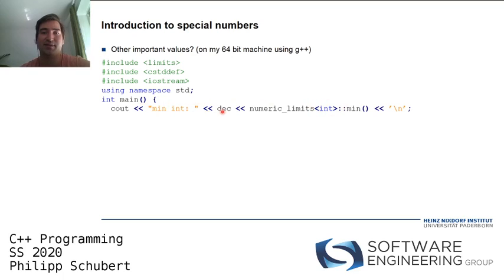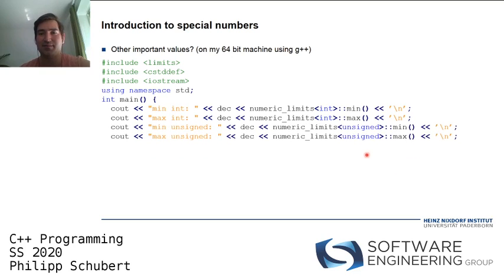By putting the special dec symbol into the cout output stream, you tell the output stream to print whatever follows in decimal. Just to show you that you can also use other encodings, you can also have the hex symbol to get the resulting value in hexadecimal. Sometimes that's quite helpful. You can, of course, also ask for the maximum value that you can store in an integer. That would look like the following.